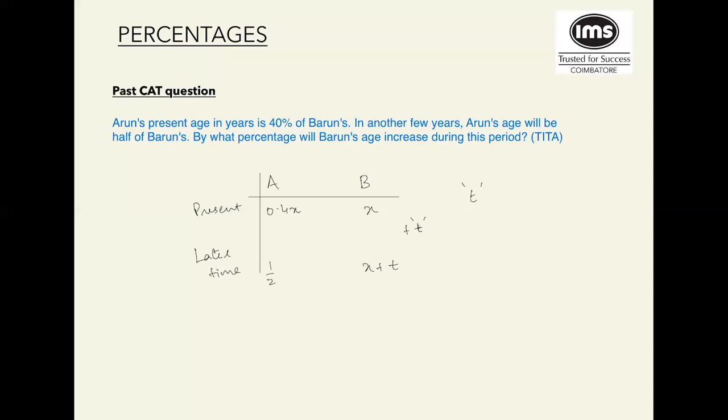So this will become half of x plus T. But this is also equal to this value plus T years. Okay, let me just simplify. So I have x plus T is 0.8x plus 2T. So I have T is equal to 0.2x.